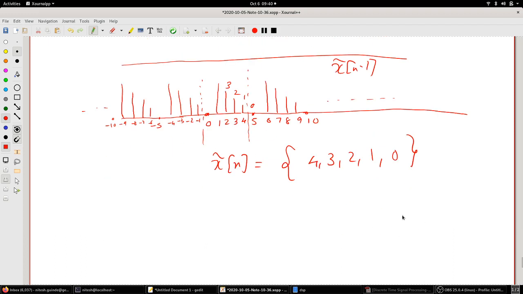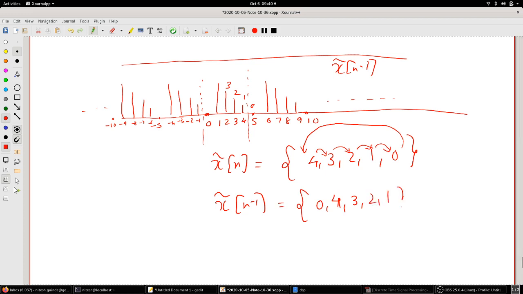Okay, so when I'm doing x tilde of n minus 1, it's a cyclic shift. This guy goes to the left-hand side and they move to the right by 1. So what you will be having is 0, 4, 3, 2, 1.